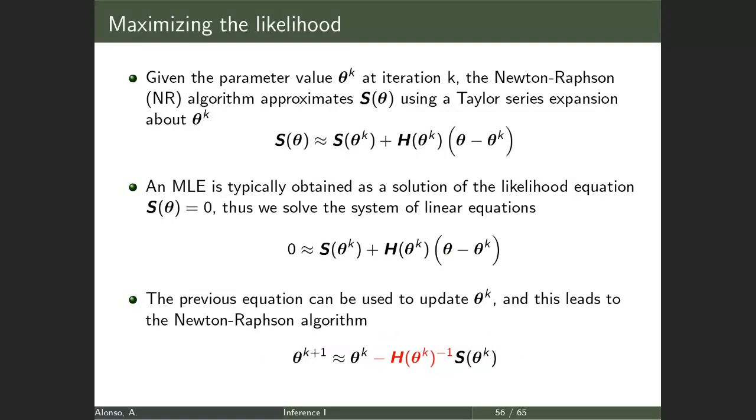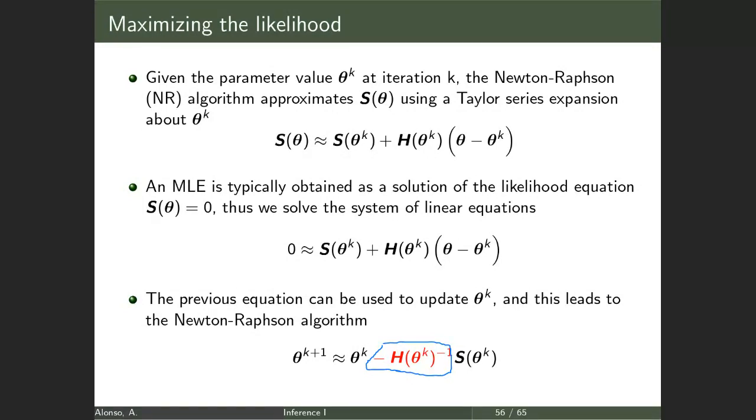As you can see, from the Newton-Raphson procedure we automatically get minus the inverse of the Hessian. Don't forget that minus the inverse of the Hessian is an estimator of the Fisher information matrix. This is called the observed information matrix.